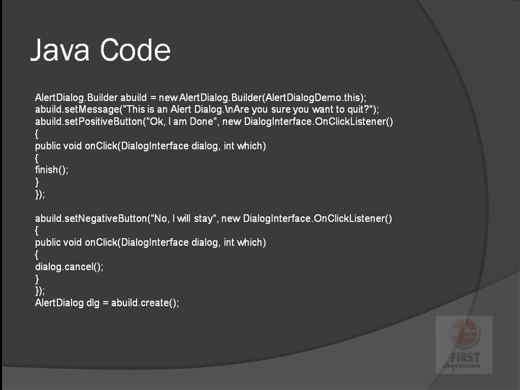Now we have to just show that by saying dlg.show. By this simple code, you will be able to display an alert dialog with 2 buttons. When someone clicks on OK, I am done, it will go out of the application. When someone clicks on cancel, the dialog will be cancelled.